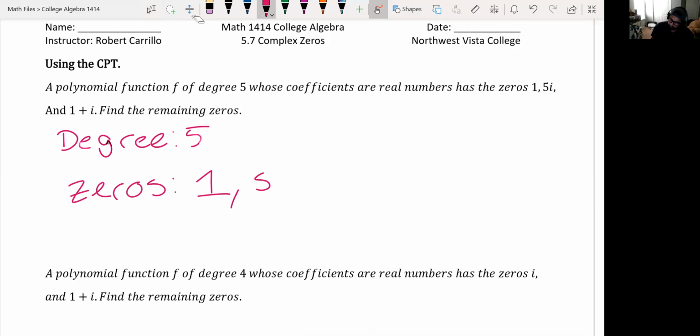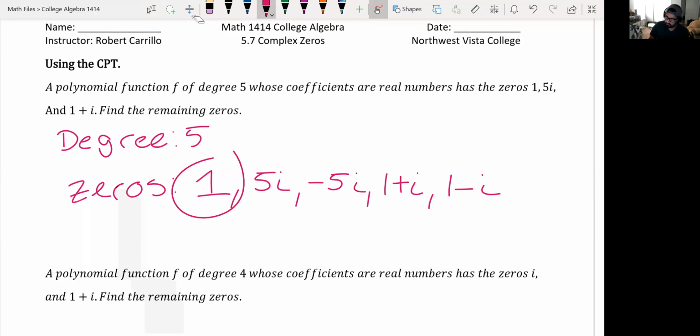But the next 0 given is 5i, and 5i is complex, which means it will have a conjugate of negative 5i. And then the other 0 given is 1 plus i, and it will have a conjugate pair of 1 minus i.